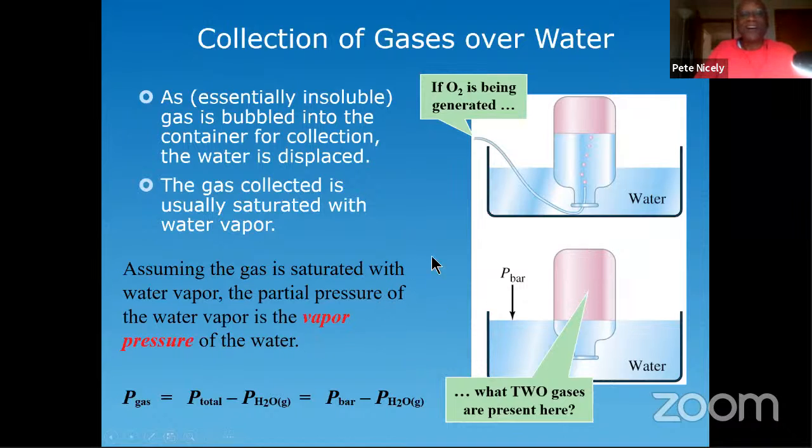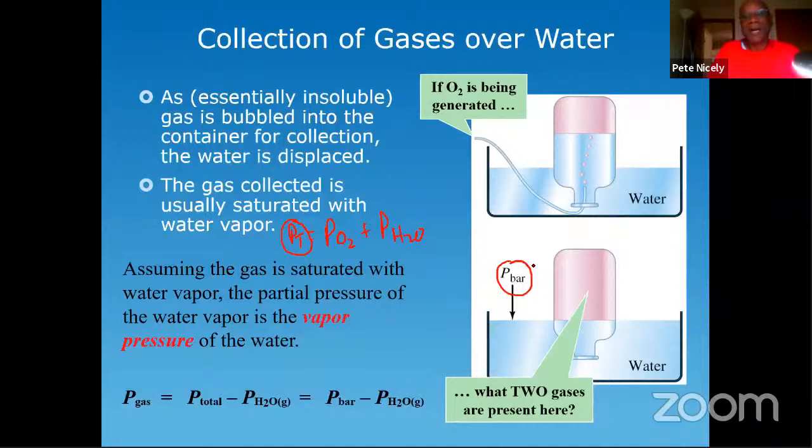Well, based on Dalton's law, let me write this down here. The total pressure of that mixture would be equal to the pressure of the oxygen plus the pressure of the water vapor, all right? Now, how do we determine the total pressure? Well, remember I said that the total pressure here will be equal to the barometric pressure, right?